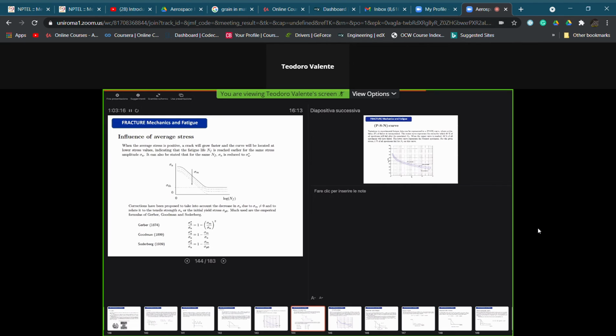And this means that if we take into consideration the Wöhler curve, the fatigue life, generally defined as number of cycles for failure Nf, is obviously reached earlier if the crack is going to move faster.